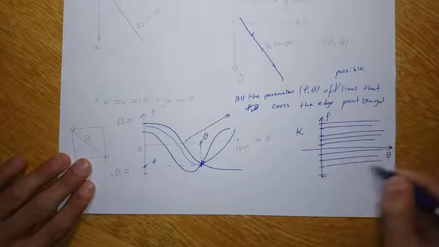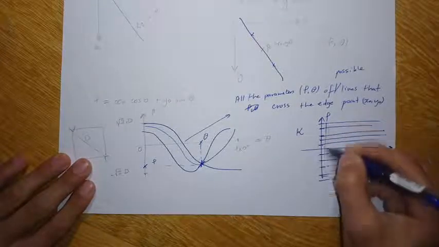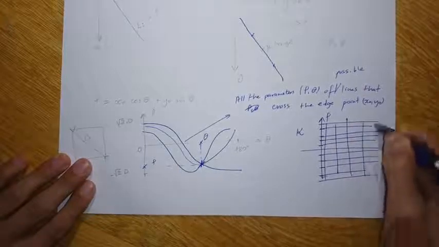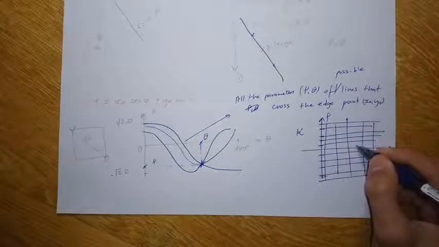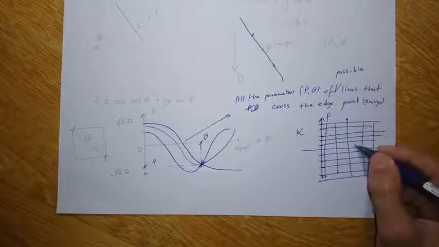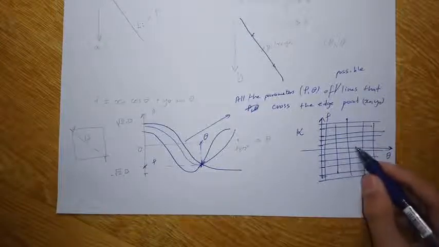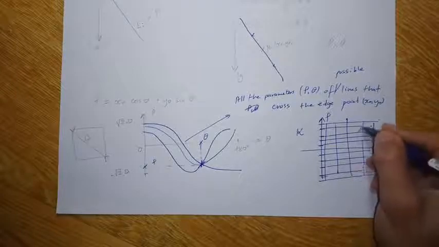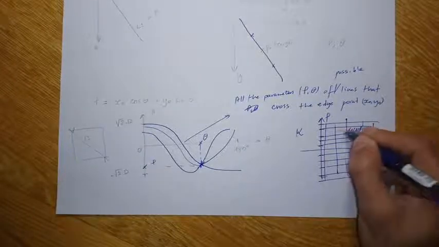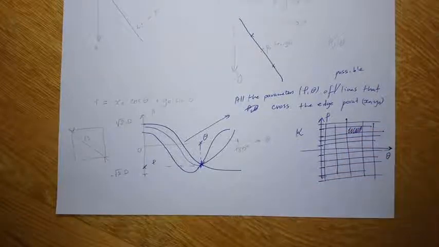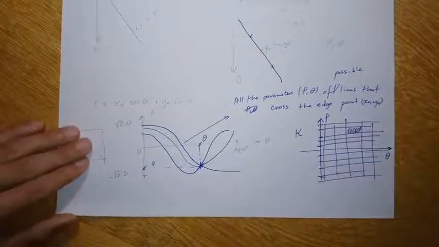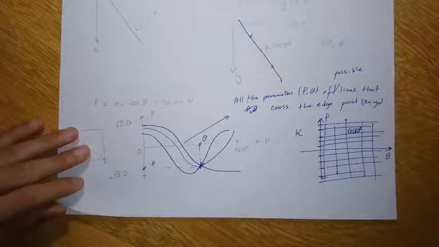So we get basically a grid like this one. In each cell we get the number of votes, and finally we take the cell that has the highest number of votes, for example this one, and say that the associated theta and rho are the detected line.